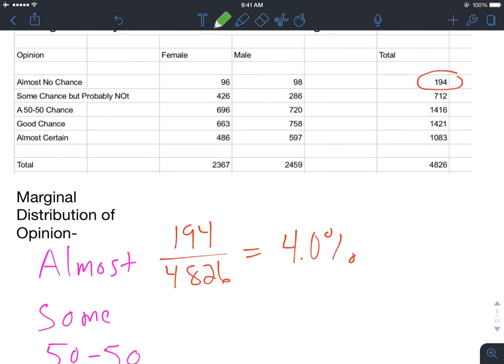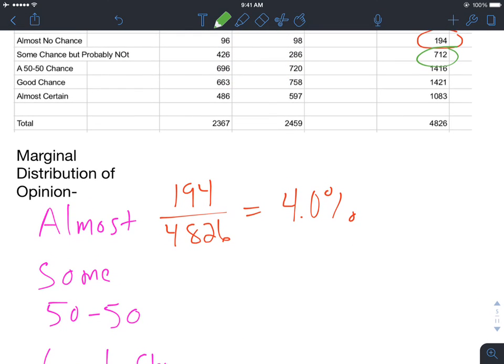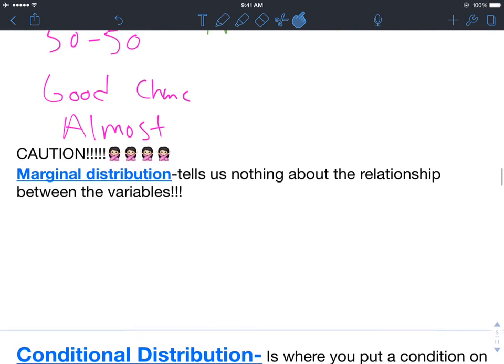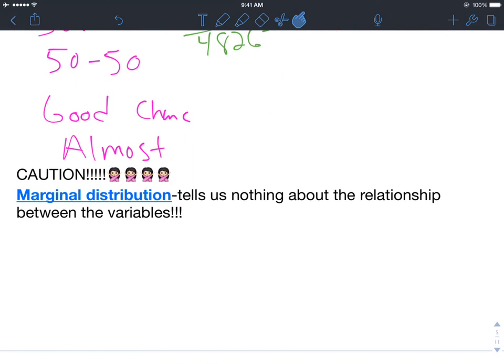You could go along and then do some chance, and that would be 712 divided by 4,826, and notice my bottom number is never changing. You could go ahead and calculate all of that. A quick little note though: marginal distribution tells us nothing about the relationship between the variables. It just focuses on one variable.